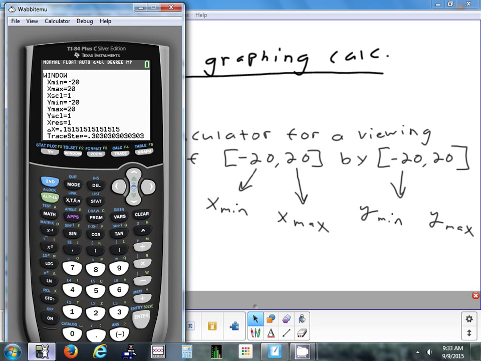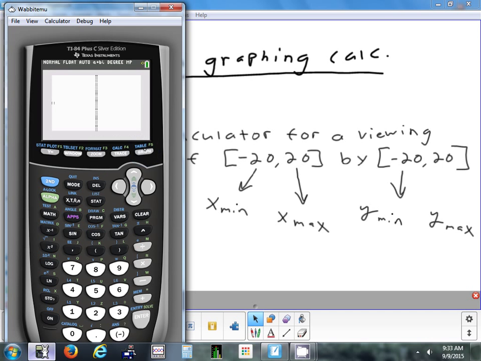Don't worry about the scale, delta x, trace step. We're really not going to play with any of that. All the scale really does is change how many tick marks you see on the screen. Right now we're displaying a tick mark every 1 unit. If you want to display a tick mark every other unit, you could put it on 2. But that doesn't really matter. Does everybody get the negative 20 to 20 typed in?